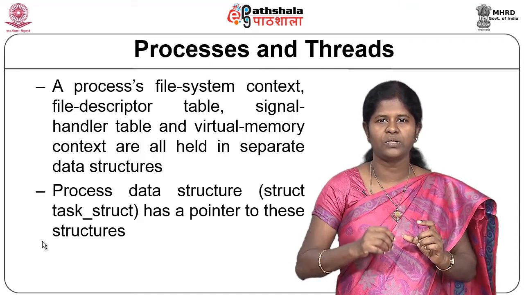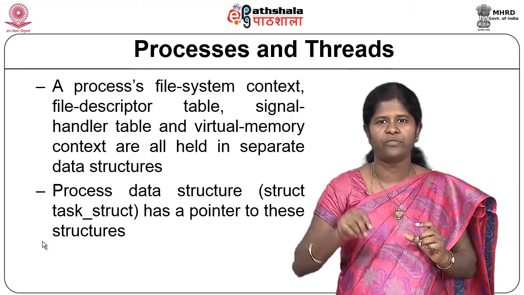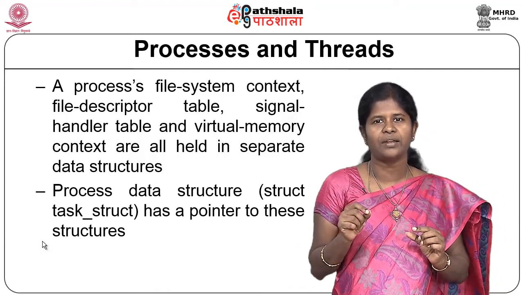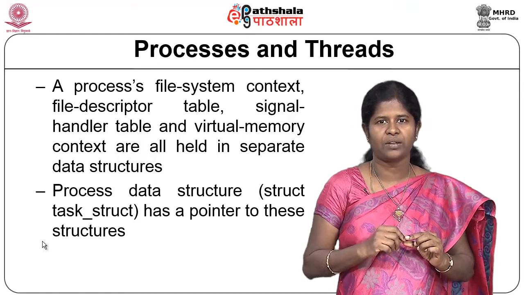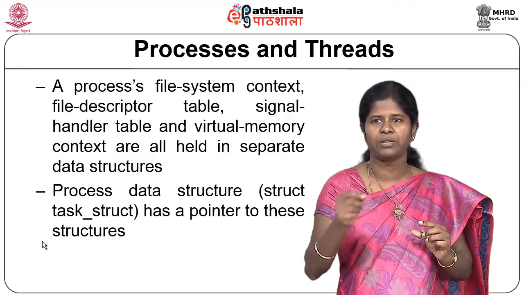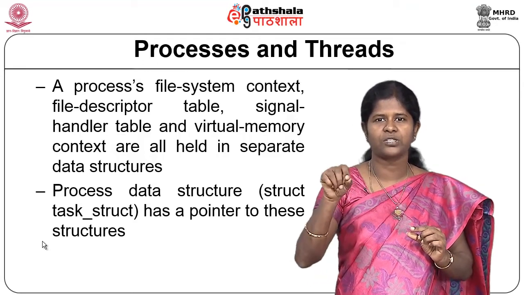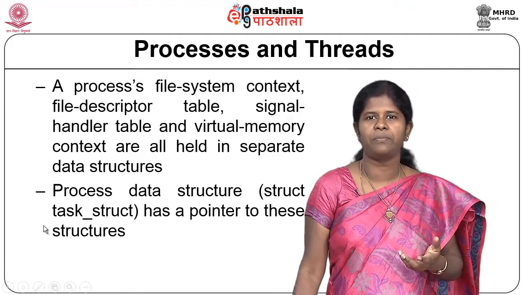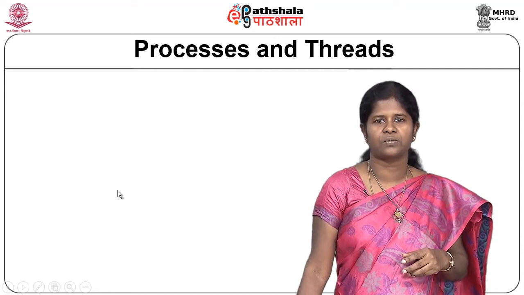So, when you are using a clone with some flag set, then we know which structure has to be shared and which need not be shared, for which you need to make a copy. If it can be shared, then you just have a pointer to that structure and you can share it by incrementing some reference count.